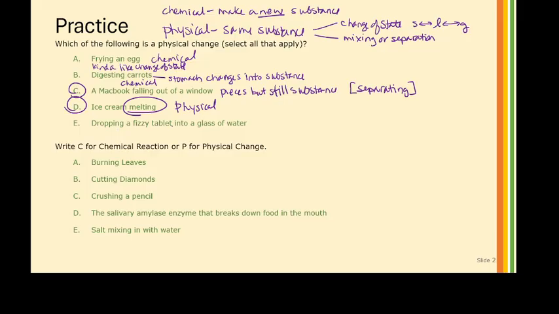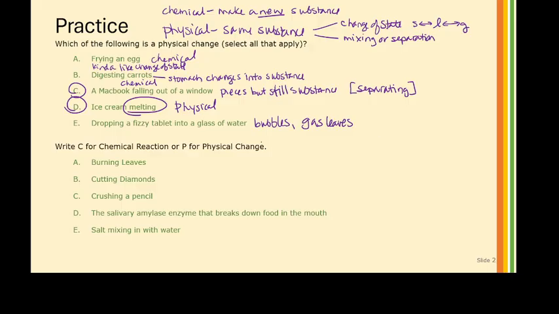Dropping a fizzy tablet into a glass of water. Well, when this happens, I see bubbles, gas leaves the system, and I can't get that fizzy tablet back. If I were to evaporate it, it would not get me the fizzy tablet back.